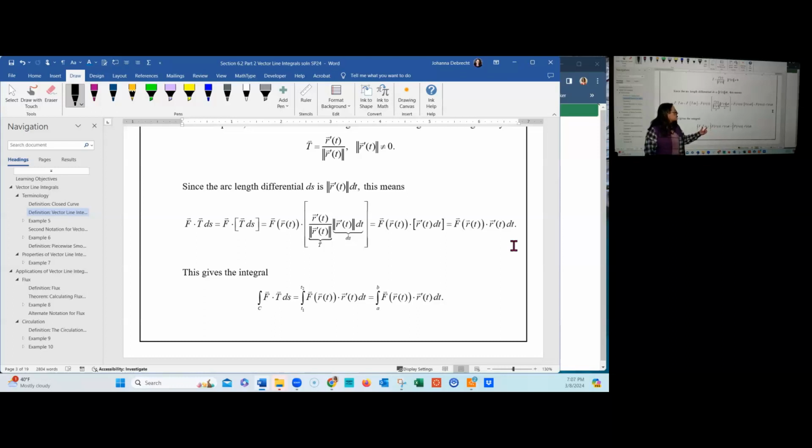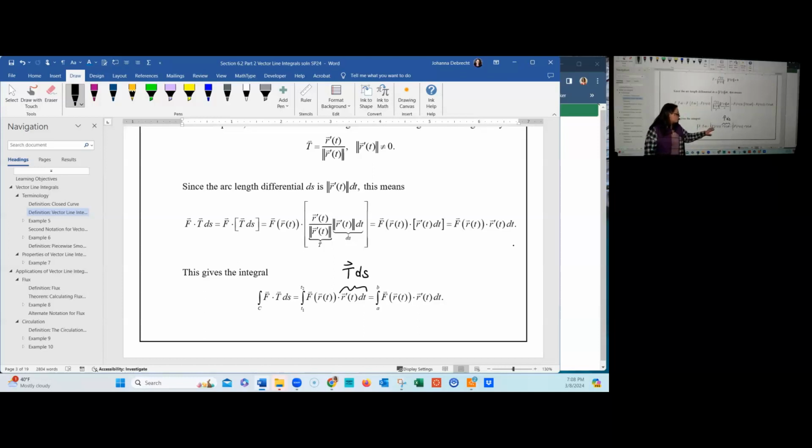We replace the T with r prime of t divided by its magnitude and ds with the magnitude of r prime of t dt. Then the magnitudes of r prime of t will cancel, and so for T ds, we get r prime of t dt.